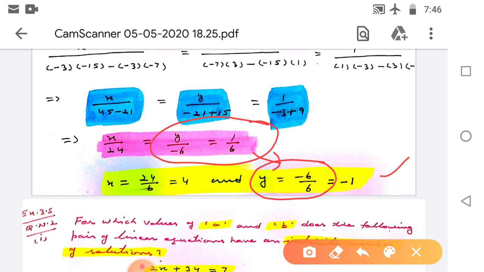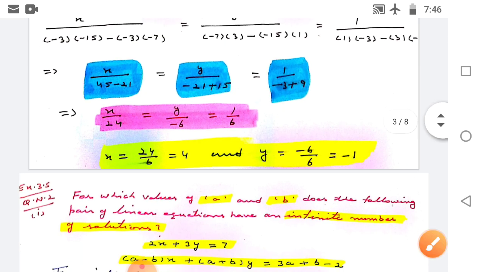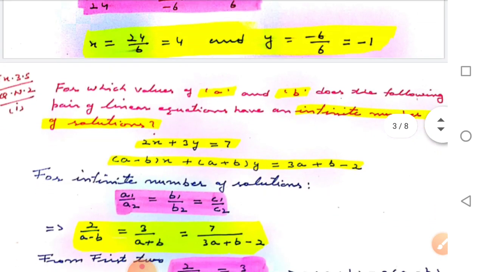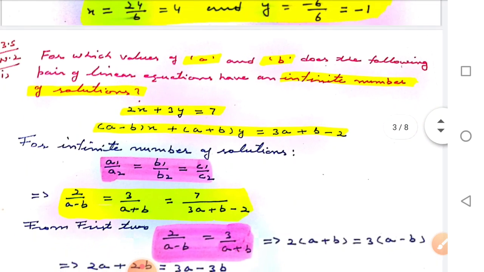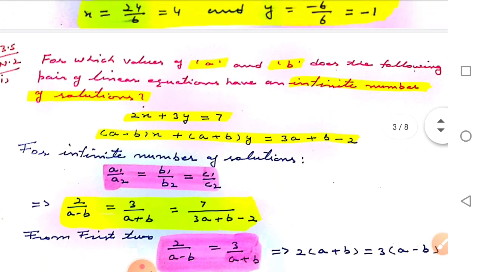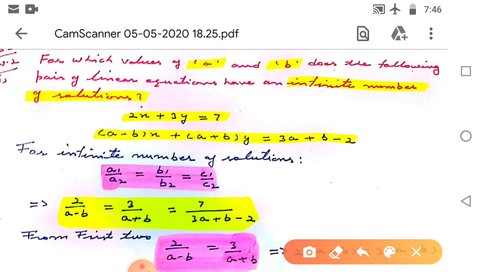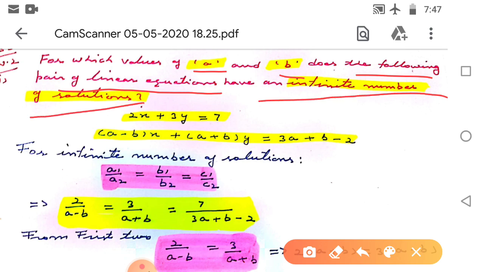Clear? Now come to question number 2 of exercise 3.5. First part. And the question is a very important question. Right?